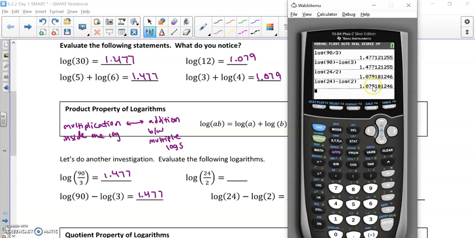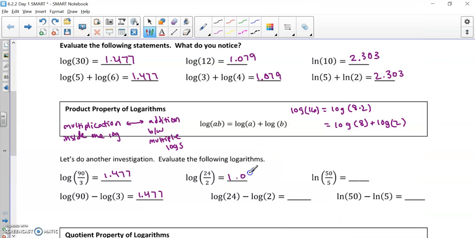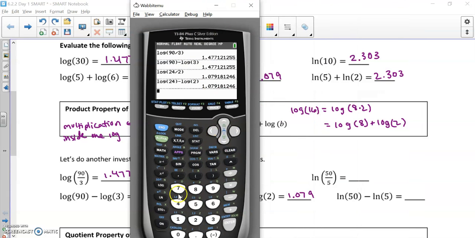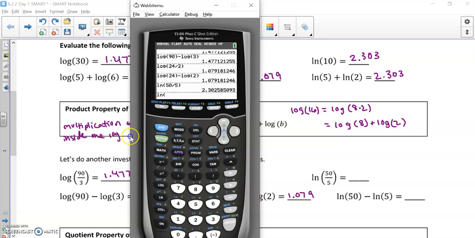All right, and sure enough, I got the same answer, 1.079 for both. Okay, this one I can type in too. We've got natural log, so ln of 50 divided by 5 versus ln of 50 minus the ln of 5.